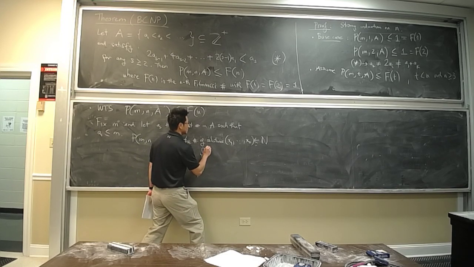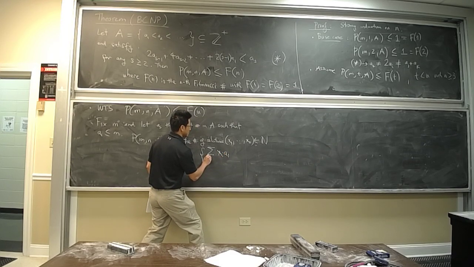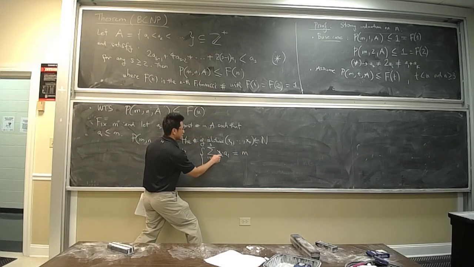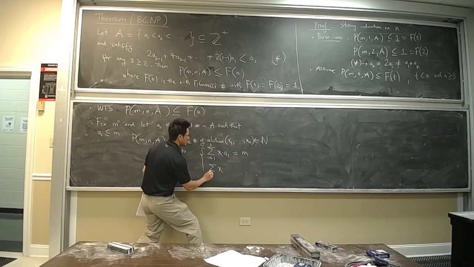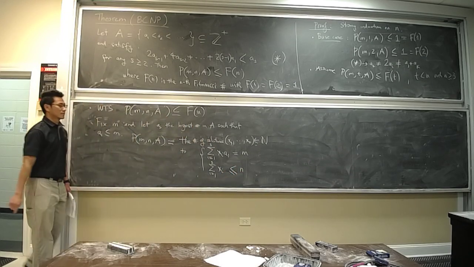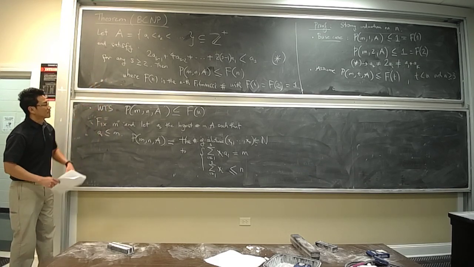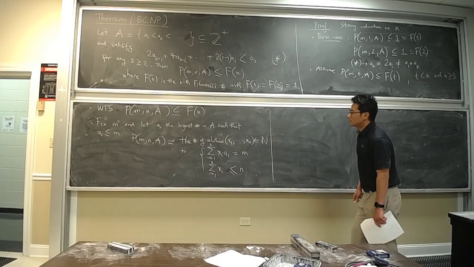It's going to be the sum of x sub i a sub i, with i going from 1 to s, equal to m, and the number of parts going to be less than or equal to n. Yeah, we're just rewriting the partition into the solution of our system.